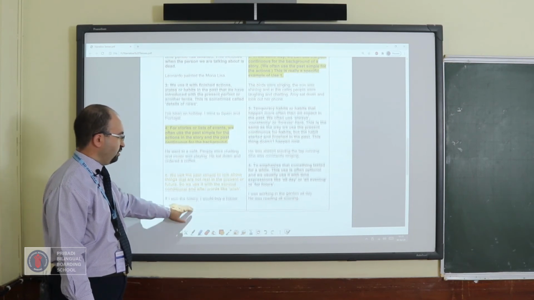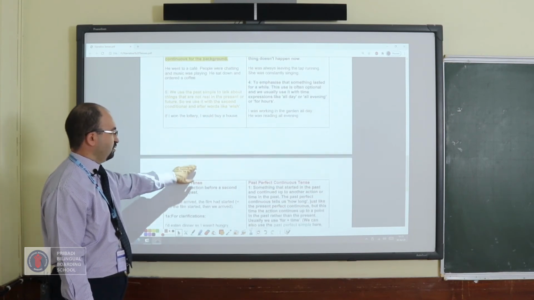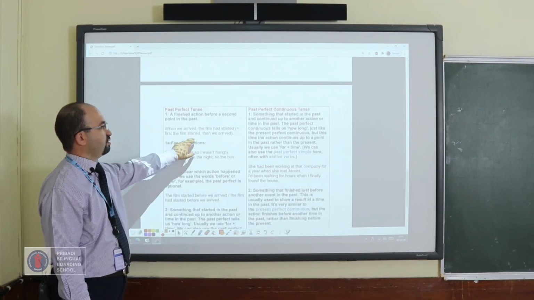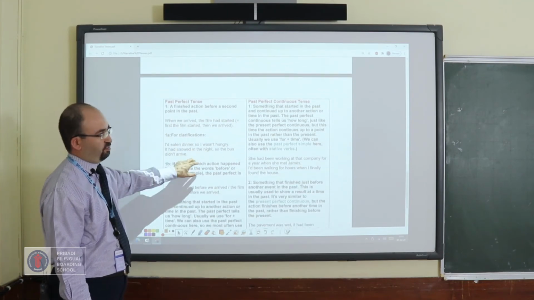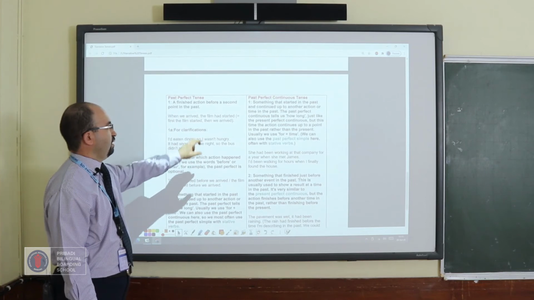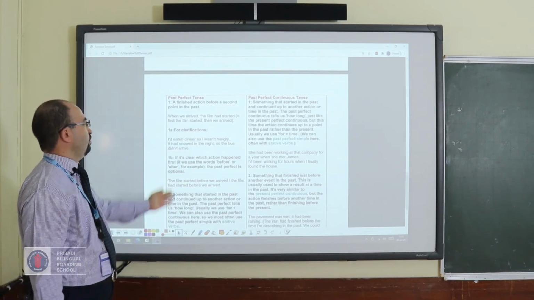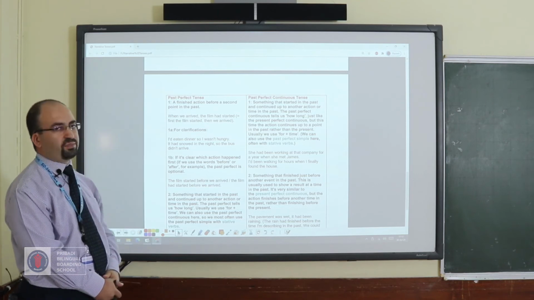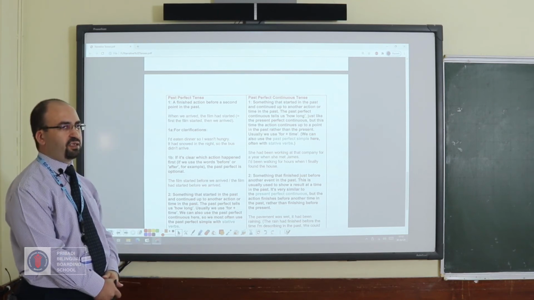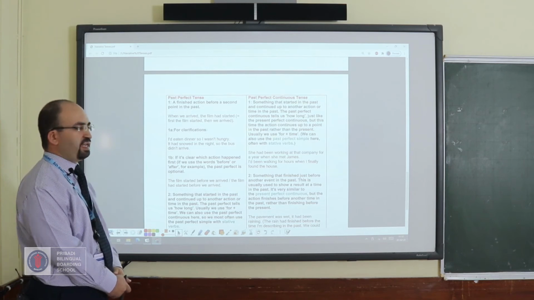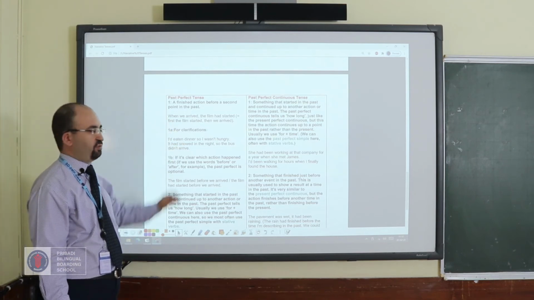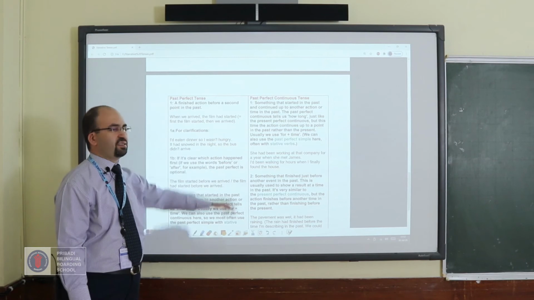And we will continue with past perfect and past perfect continuous tense. This is had plus past participle and this is had been plus verb ing. A finished action before a second action in the past. How? When we arrived, that is simple past as you can see, the film had started.